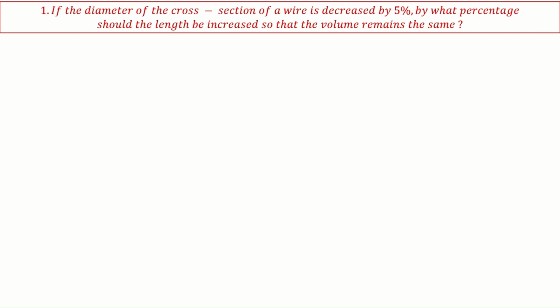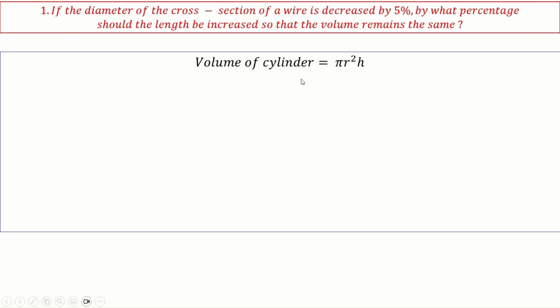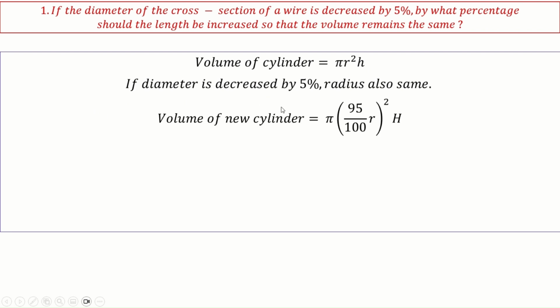Okay. Diameter of cross section of wire is decreased by 5%. If diameter is decreased by 5%, obviously radius also decreased by 5%. Correct. So this is the volume of the cylinder, pi r square h. Now diameter is decreased by 5%, so radius also the same.